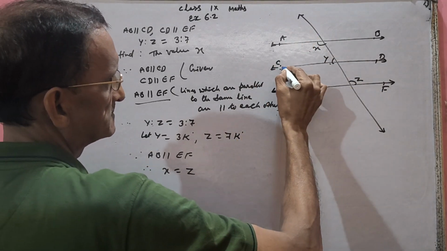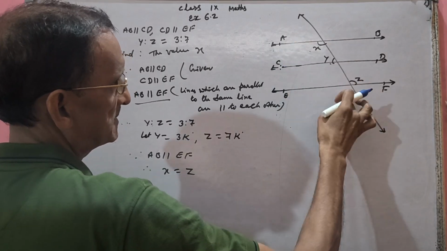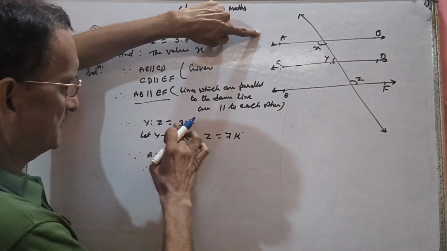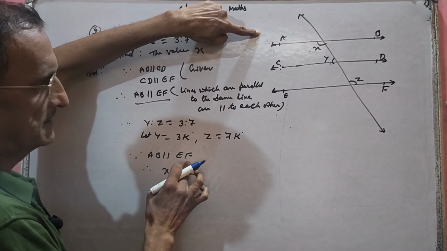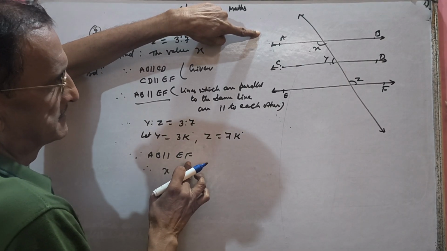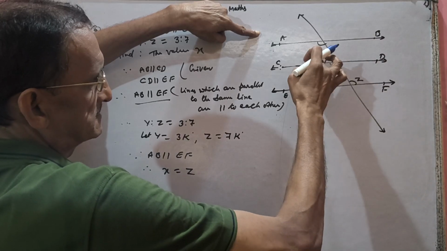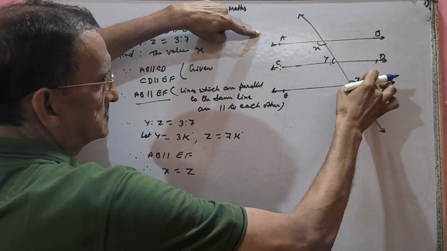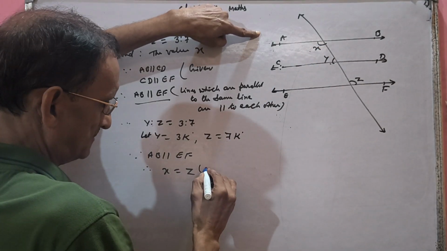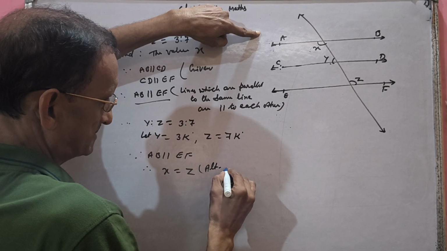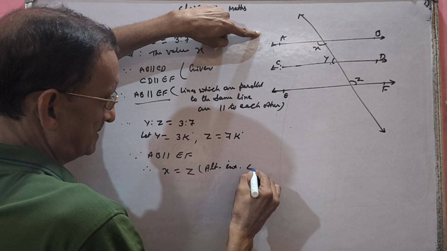See AB and EF. We have proved AB parallel EF, and this is a transversal. So X and Z are alternate interior angles. So they will be equal.